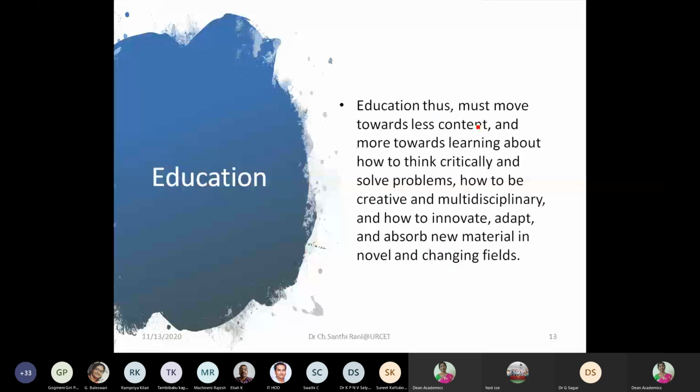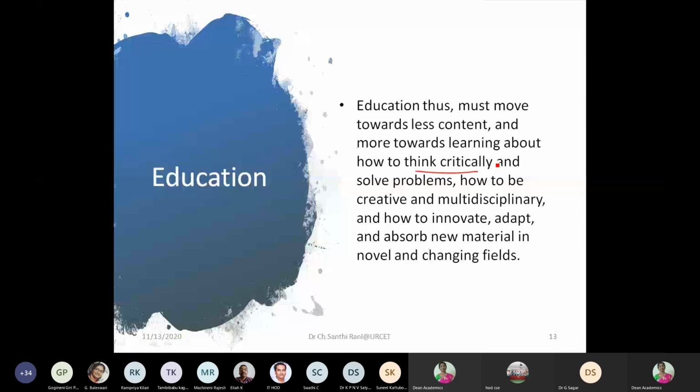Education must move towards less content, because if we observe many of the developed countries, their education is more towards the practical and critical thinking than content. Therefore, in our education policy, NEP, we are going to move towards less content and more towards learning how to think critically.